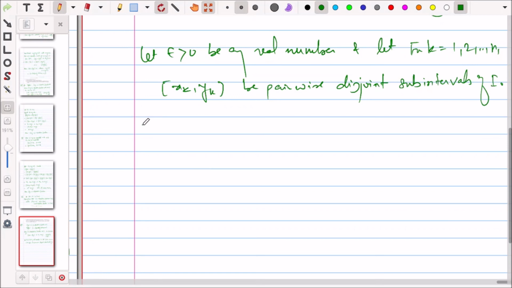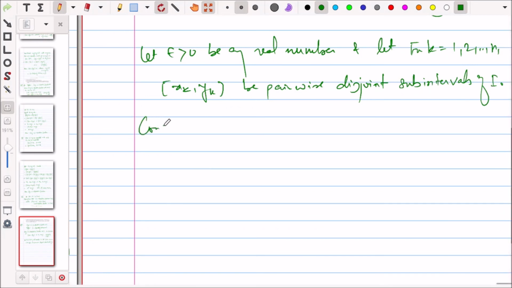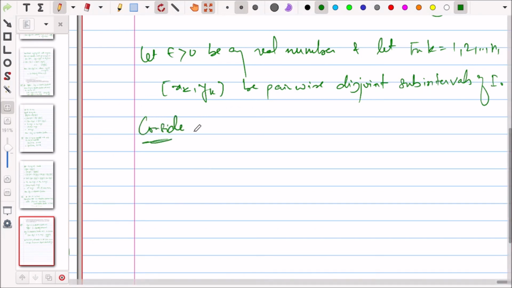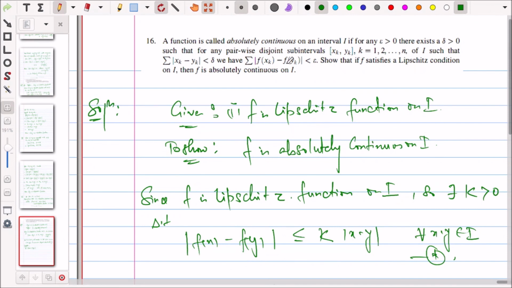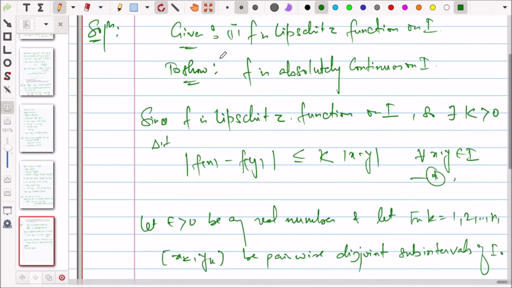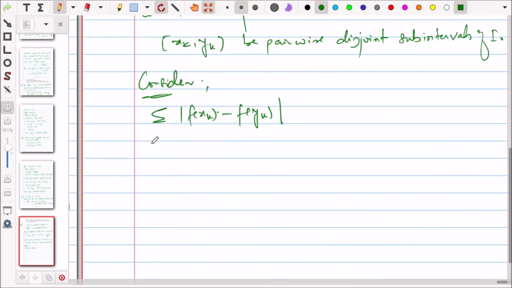So first let us consider the summation of |f(x_k) - f(y_k)|. We have to show this is less than epsilon. So we start with this, and we have to bring it in a form so that we can find a suitable delta so that this becomes less than epsilon.